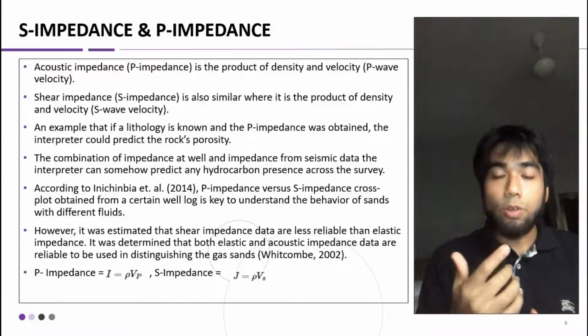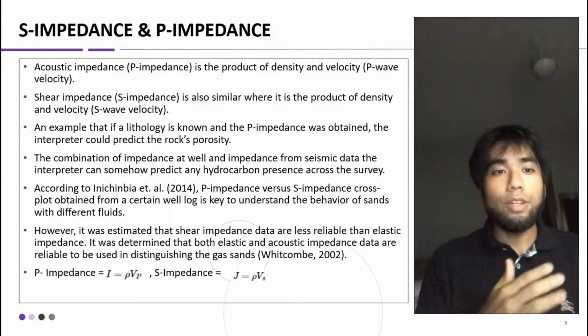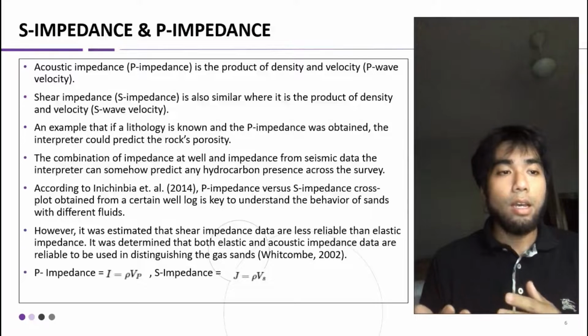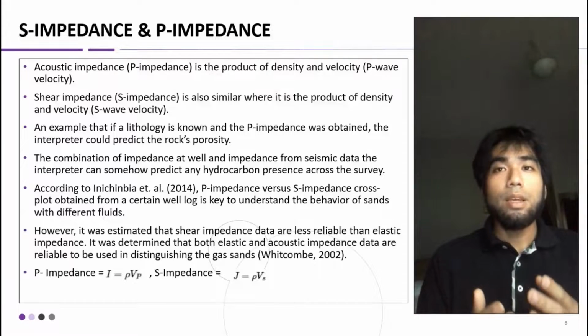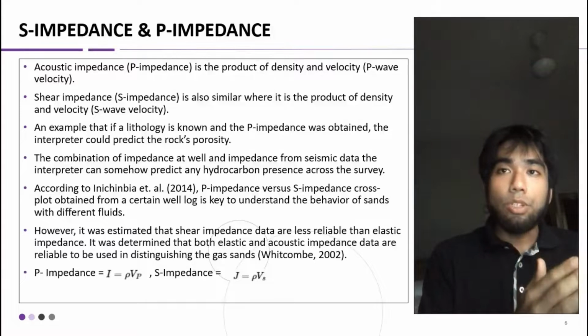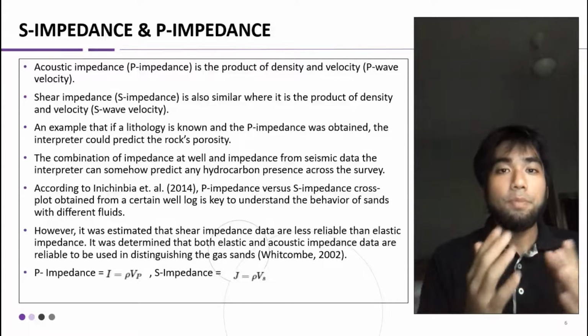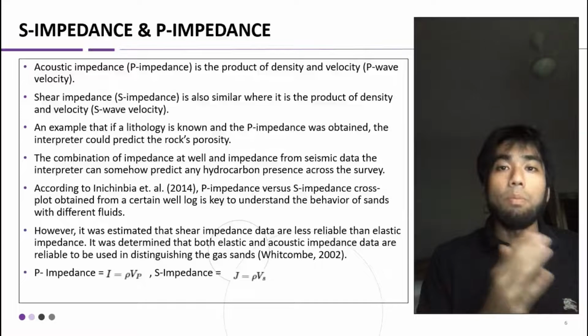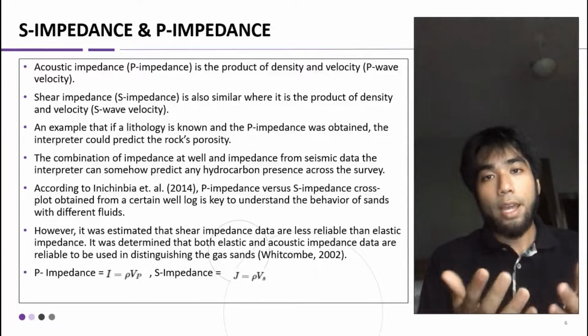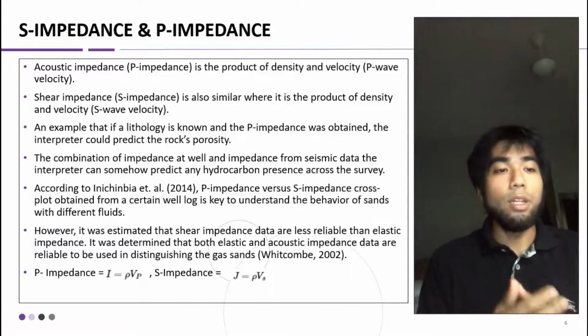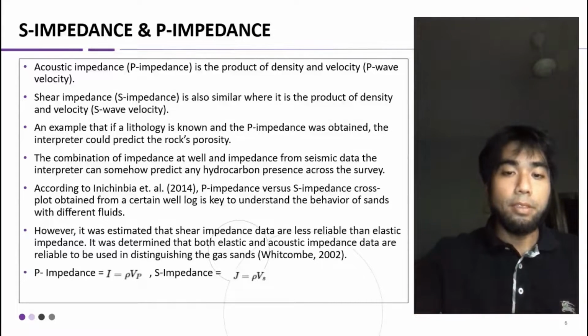It was also determined that both elastic and acoustic impedance data are reliable to be used in specifically distinguishing the gas sands. This is based on Connolly 2002. So if you can see in the slides, that is the formula for P impedance and S impedance.